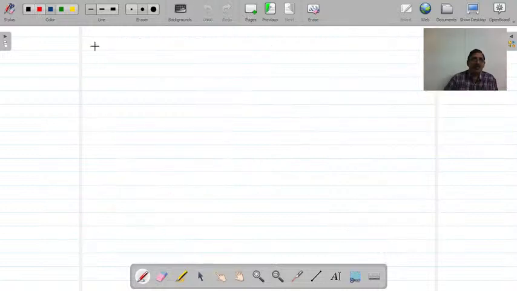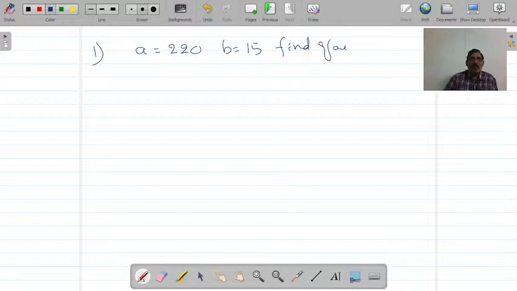Now, the first one is, suppose you are given A is equal to 220 and B is equal to 15. Find Q and R. Or it will be given like 220 is equal to 15Q plus R. Find Q and R. The problem is given like this.